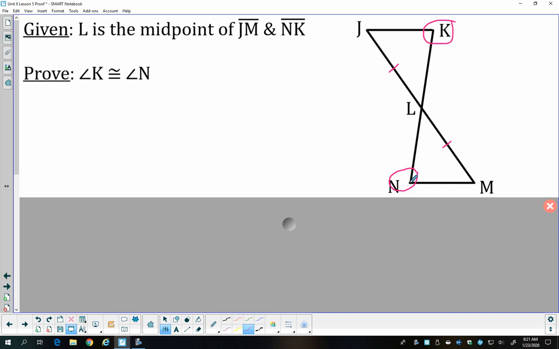If L is the midpoint of NK, that means that NL and LK are congruent. And we know from experience that those two angles are congruent because they're vertical angles. So it looks like we can show that these two triangles are congruent by side angle side. And then if those two triangles are congruent, then those two angles K and N are congruent. So now let's write that up formally.